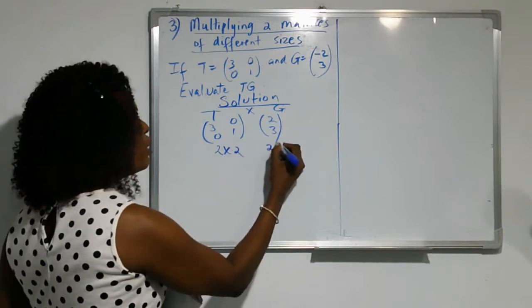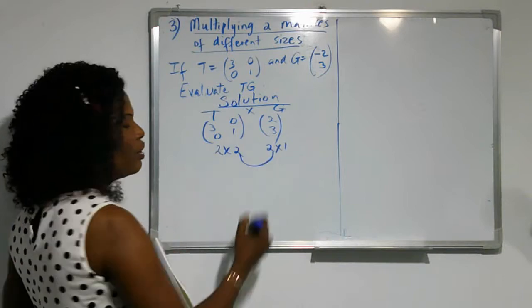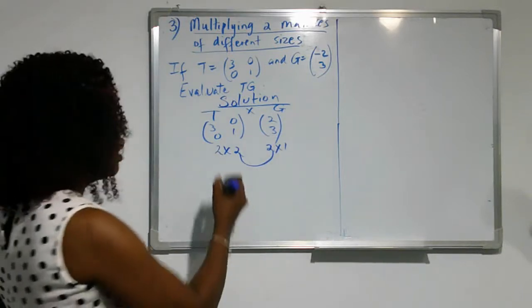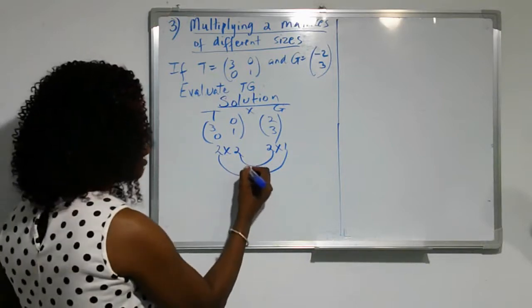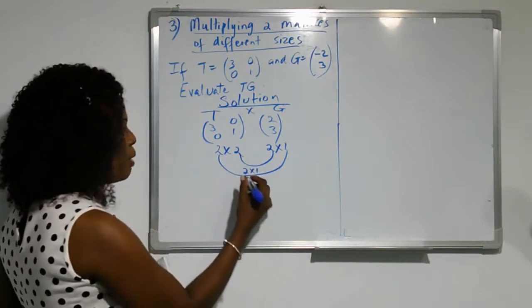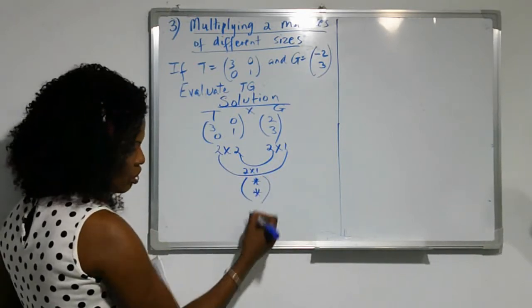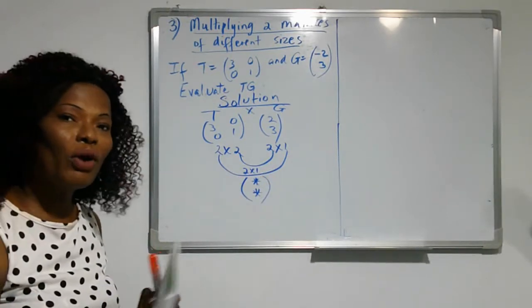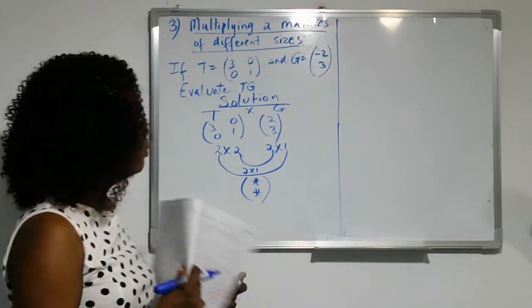And this is a 2 by 1 matrix. 2 rows and 1 column. They can be multiplied. And the answer size has to be a 2 by 1. And remember, I like to use asterisks to indicate what a 2 by 1 matrix really looks like, okay? Now, let's go.